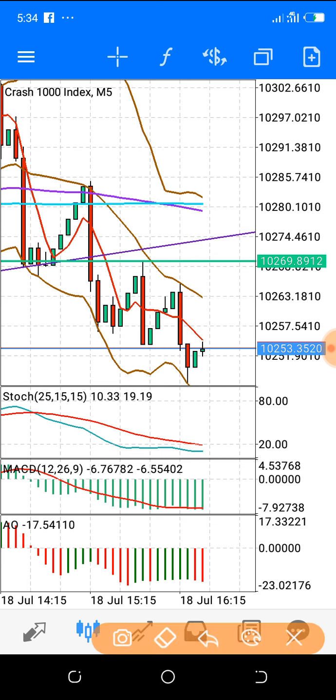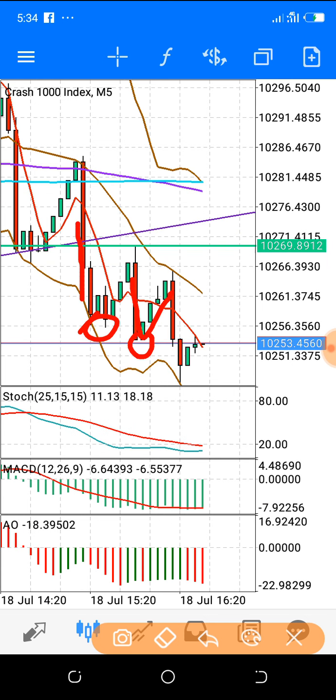For example, this is a support level. It sold up to this level and came up here. This is also a support level. It sold from this place and bought up to this place. This is another support level. It sold from here, then bought up to this level.